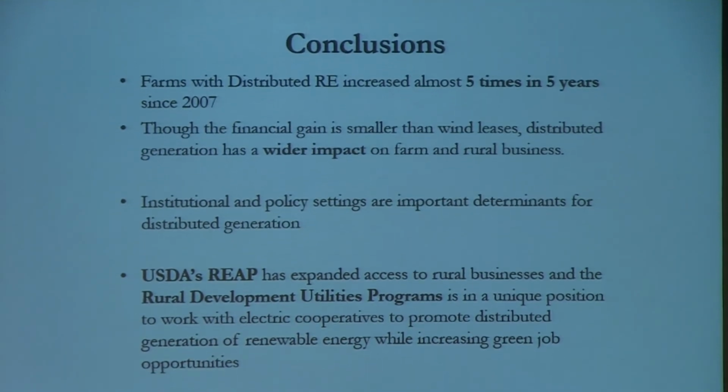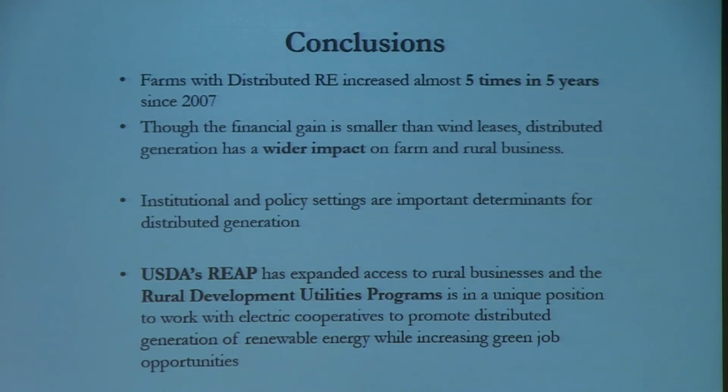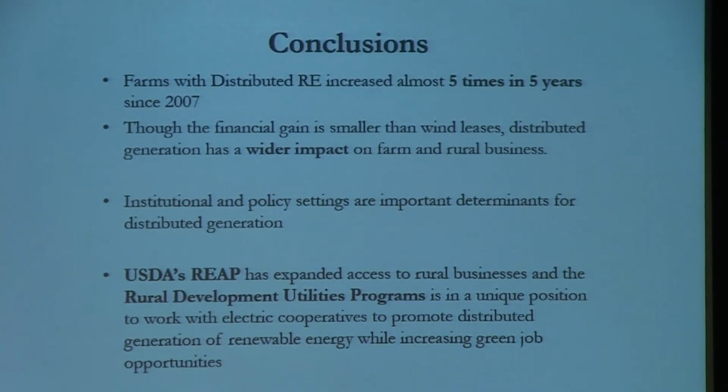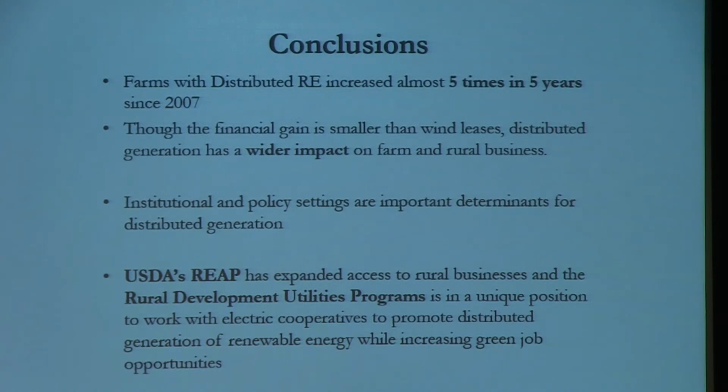So in conclusion, we know that farms with distributed generation have increased fivefold in 5 years since 2007. And though the financial gain is a lot smaller in distributed generation when we compare it to wind leases, distributed generation does have a wider impact on farm and rural businesses.